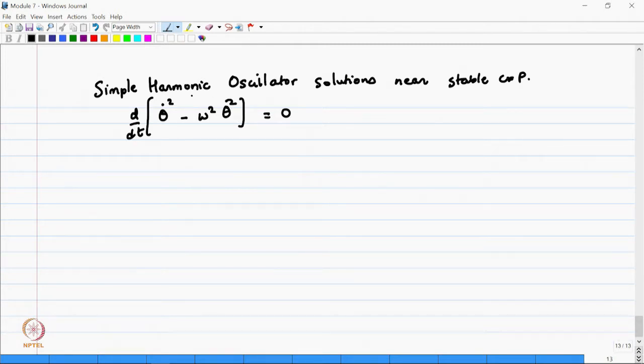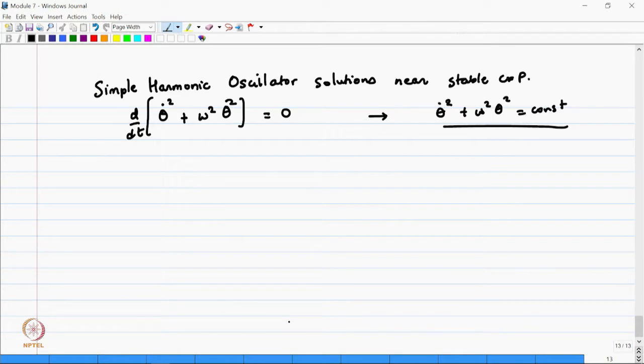So this led to theta dot square plus omega square theta square equal to constant. This was the simple harmonic oscillator solution, that is, the simple pendulum solution.